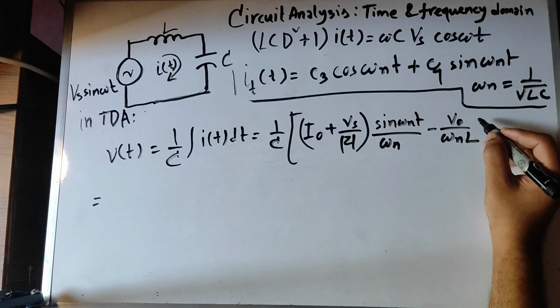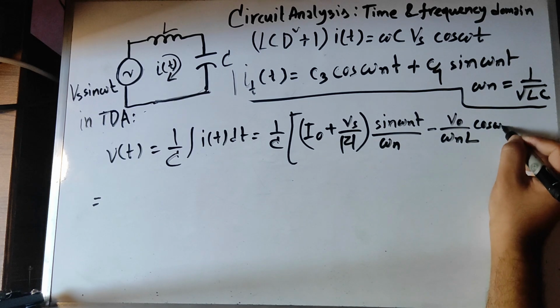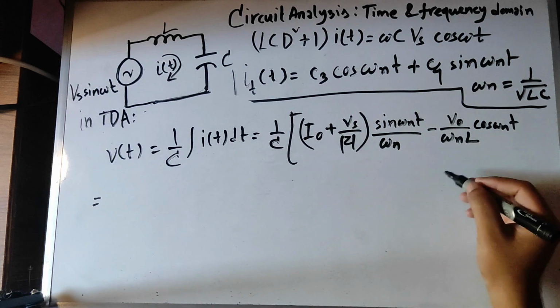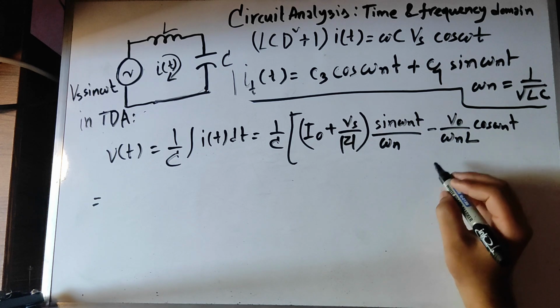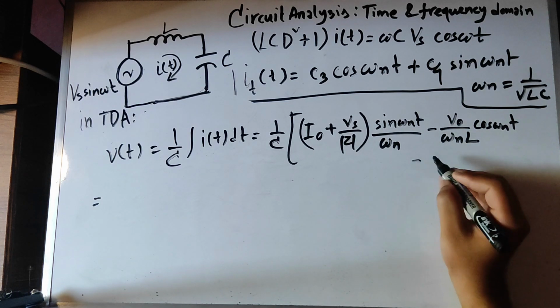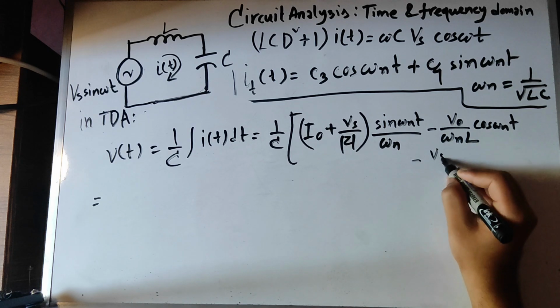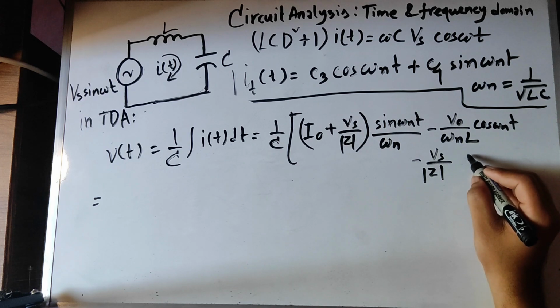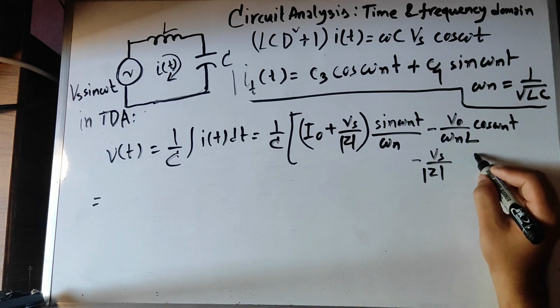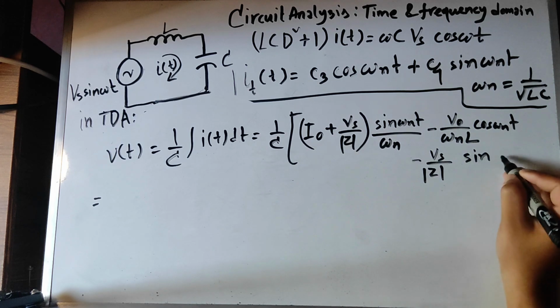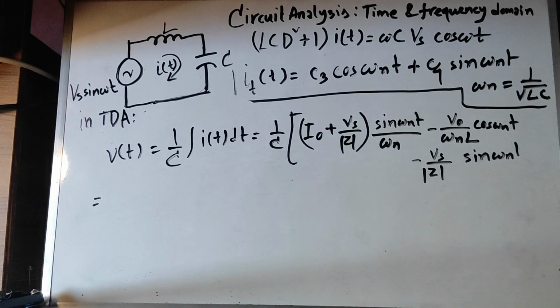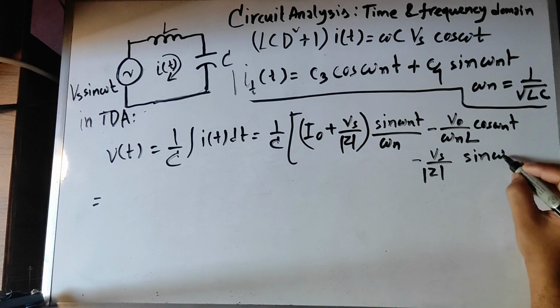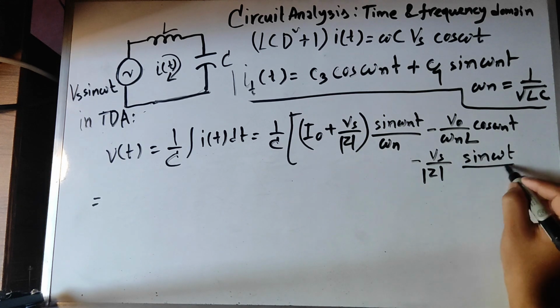The integration of sine omega n t is minus cos omega n t, so minus V0 by omega n L cos omega n t, and minus Vs by impedance cos omega t. The integration of cos is sine, and sorry, this is just the applied frequency, not the natural frequency. So the forced or applied frequency, sine omega t by omega.